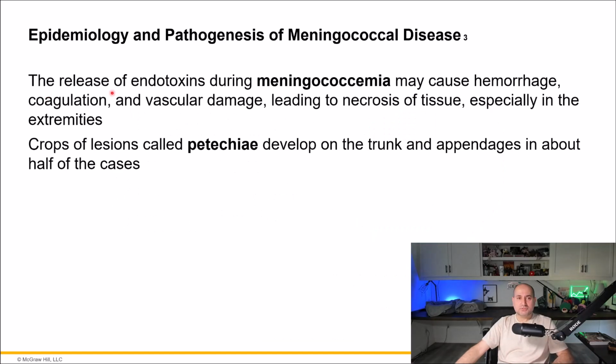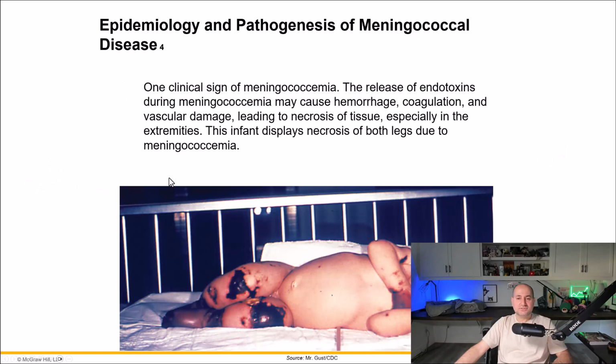And to make it worse, the release of endotoxins during meningococcemia, that means these bacteria in the blood, may cause hemorrhage, coagulation, and vascular damage, leading to necrosis, that means death, of tissues, especially in the extremities. Crops of lesions called petechiae develop on the trunk and appendages in about half of the cases. Here you can see just how devastating this can be.